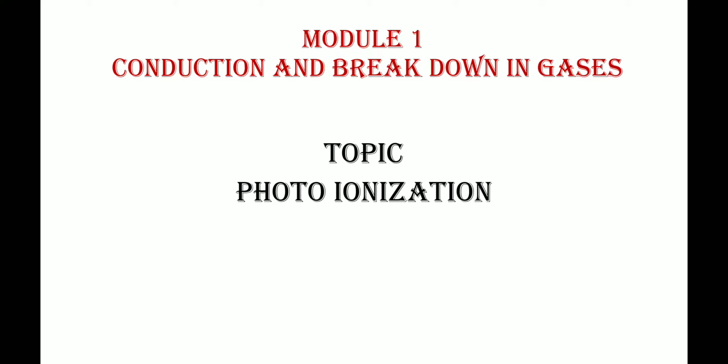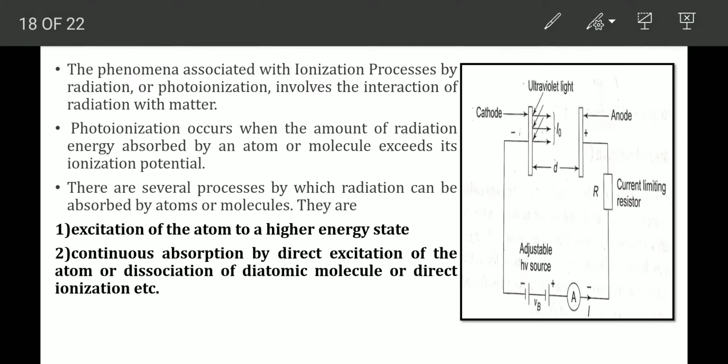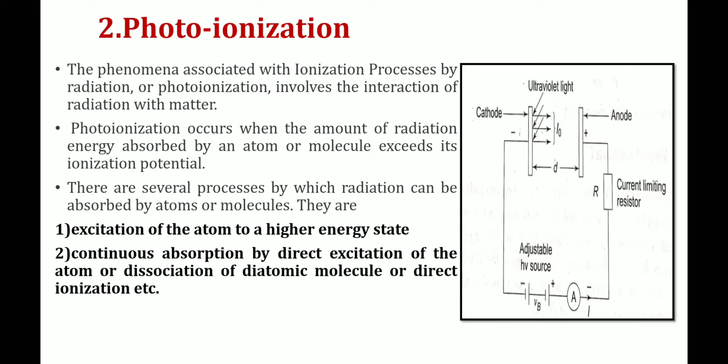Only the first one, ionization by collision, we have discussed in the previous class. In today's session we will move on to the second process, the photoionization process. First we try to understand the terms.